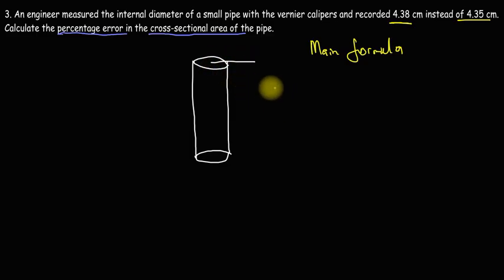And the area of a circle is given by pi r squared. This is the cross-sectional area of this pipe. So we have identified the main formula. Now let's find the error in this cross-sectional area.